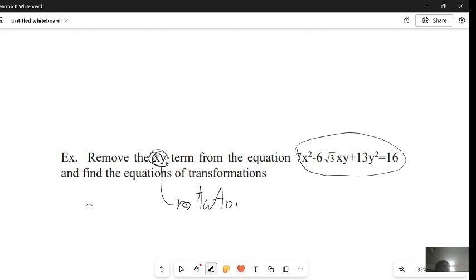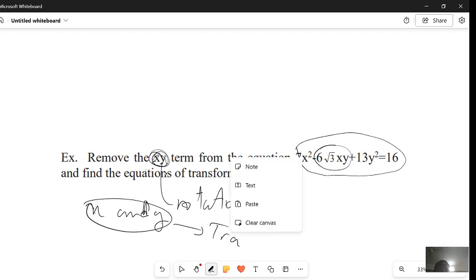To remove x and y, we use translation. To remove xy, I use the rotation directly. Now I want to remove this parameter. It is not indicated whether to use rotation or translation, but if you say remove x and y, I notice translation directly. But if you say remove xy, directly it is a rotation.